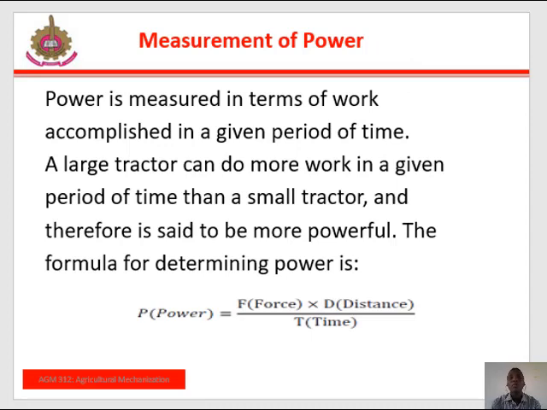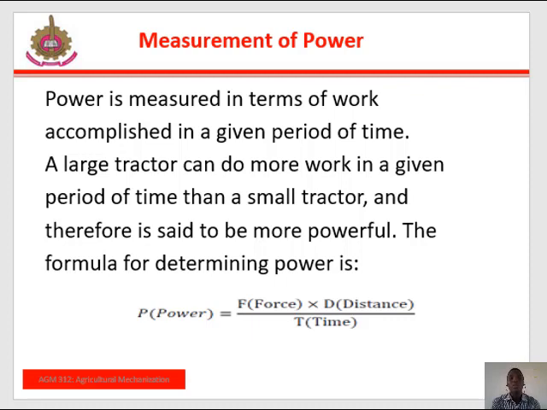Measurement of power. Power is measured in terms of work accomplished in a given period of time. A large tractor can do more work in a given period of time than a small tractor and therefore is said to be more powerful. The formula for determining power is the product of force and distance divided by time, and the unit of power is watts or horsepower.